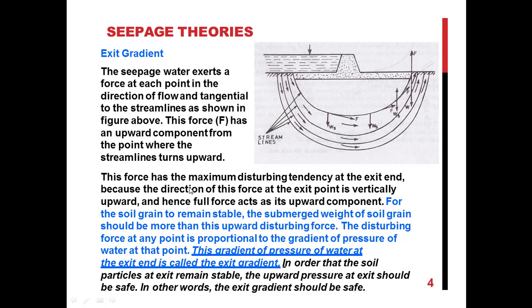This force has the maximum disturbing tendency at the exit end. This is the entering end, while this is the exit end. It has the maximum disturbing tendency at this exit end, because the direction of this force at the exit point is vertically upward, and hence the full force acts as its upward component.